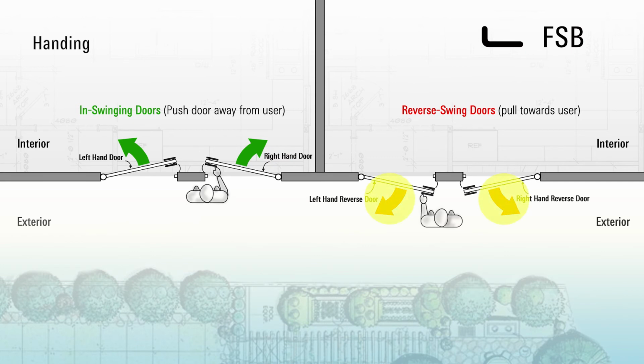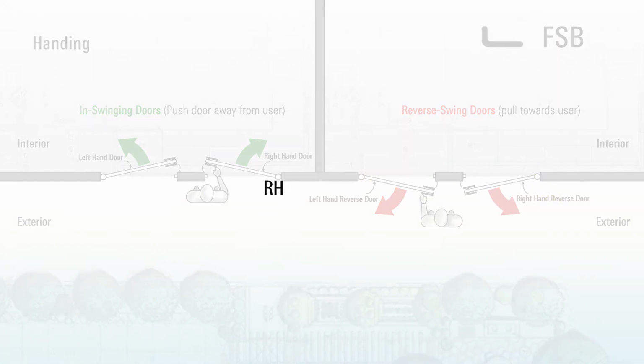If you pull the door open to swing towards you, then the door is considered a reverse swing door. It would be either left-hand reverse if the hinges are on the left, or right-hand reverse if the hinges are on the right. We will choose a right-handed door. The right-handed code is RH.